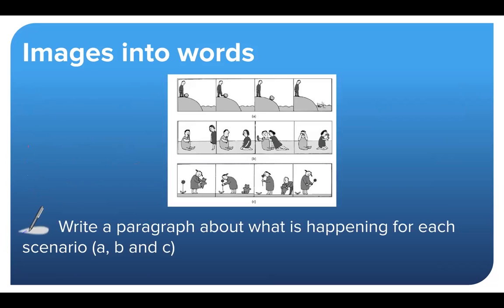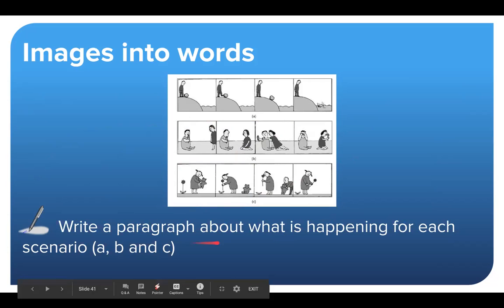So this is an example of an activity where students turn images into words. The activity shows 3 scenarios: scenario A, scenario B, and scenario C. Students here are asked to write a paragraph about what is happening for each scenario.